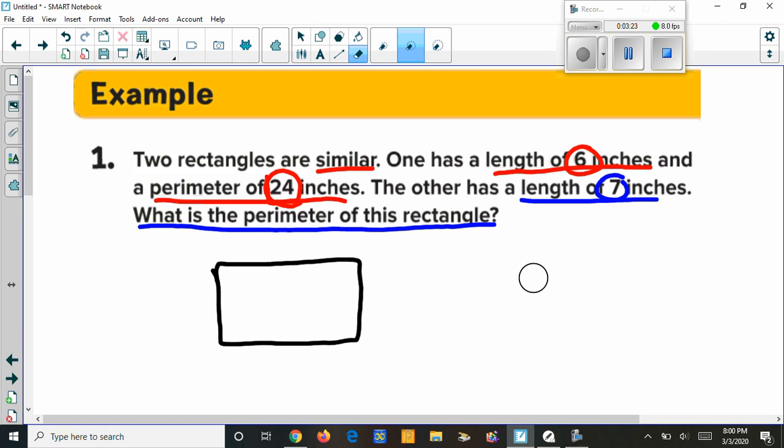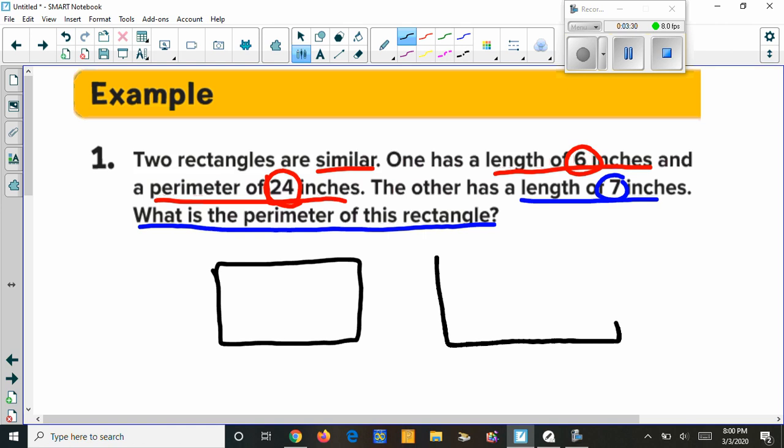Now I want to change this a little bit. I realize that the second rectangle might need to be slightly bigger because it's got a larger length. But here's what I know. For the first rectangle, it has a length of 6 inches and a perimeter of 24.